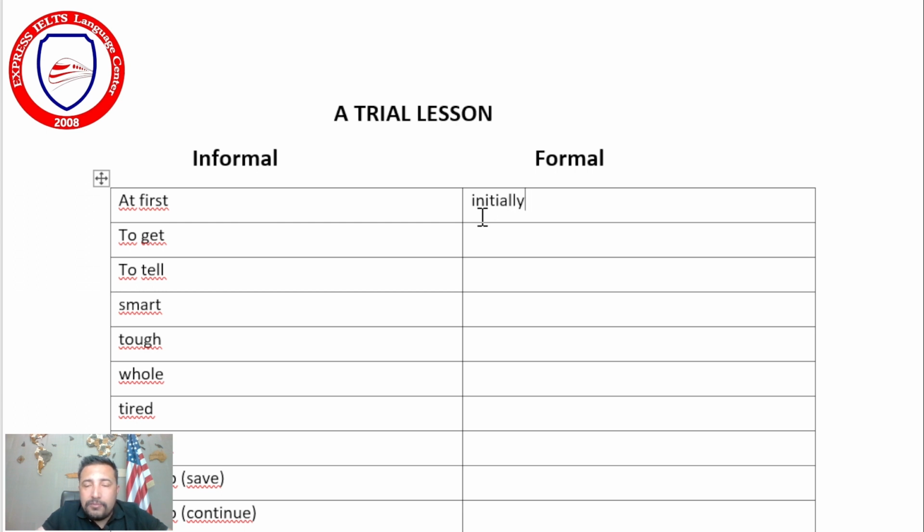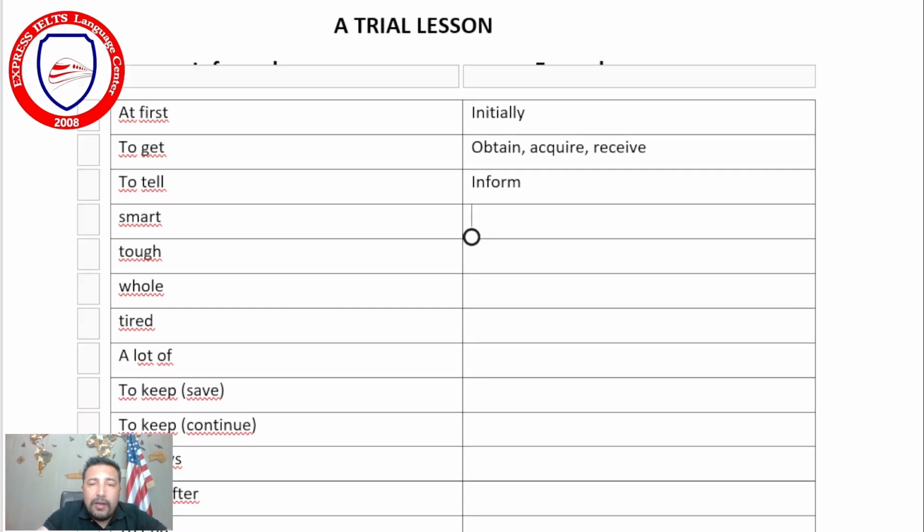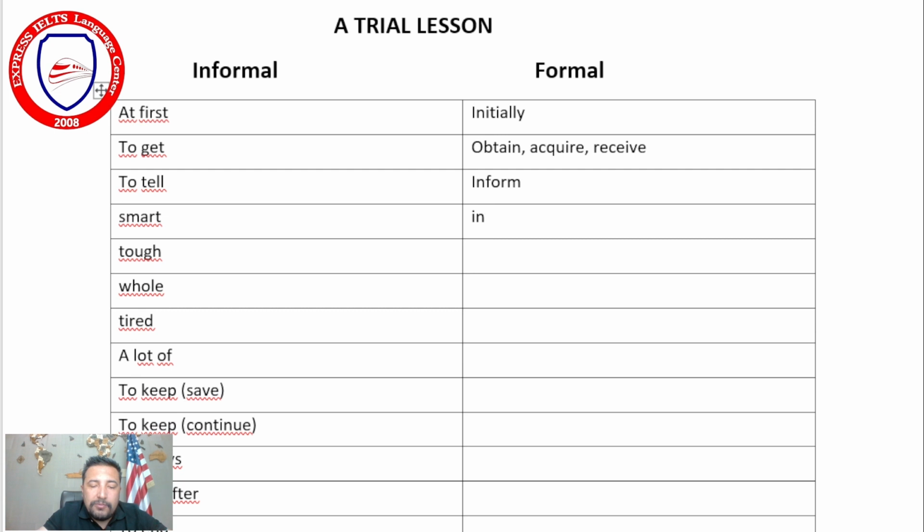It would be better if you use initially instead of at first. Instead of get, you can say obtain or acquire or receive. Instead of to tell, it would be better if you use informal. Okay, instead of smart, I think it would be better if you use intelligent. Instead of tough, I think it would be better to use like difficult.